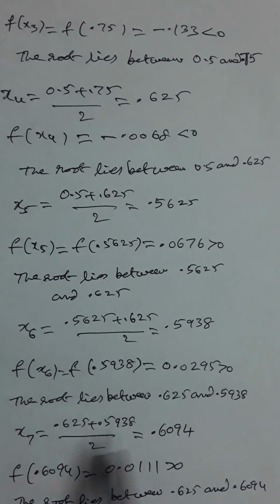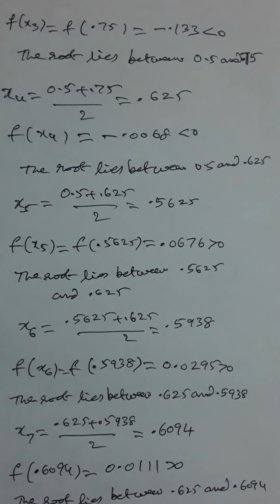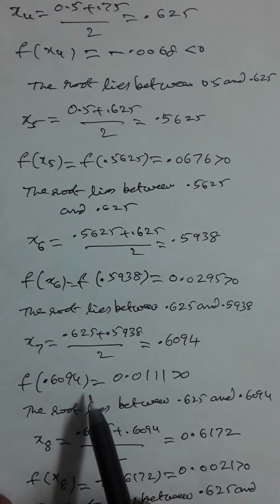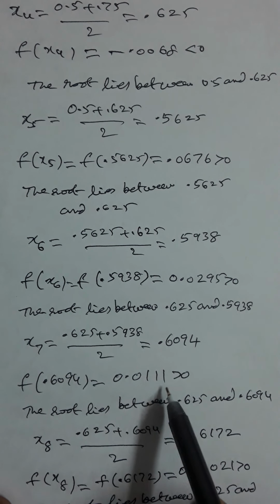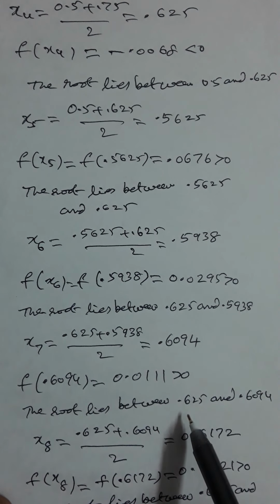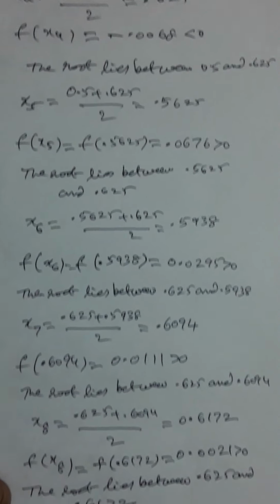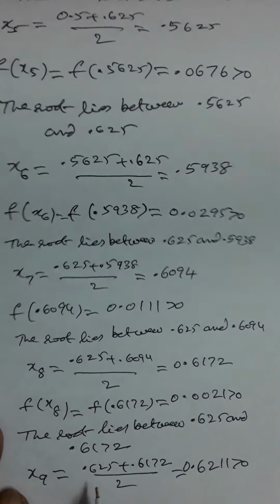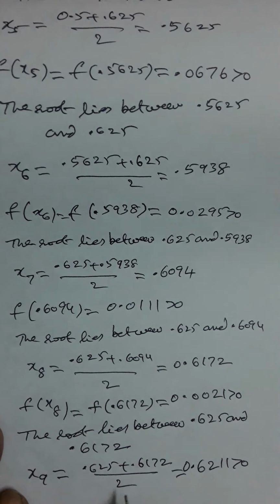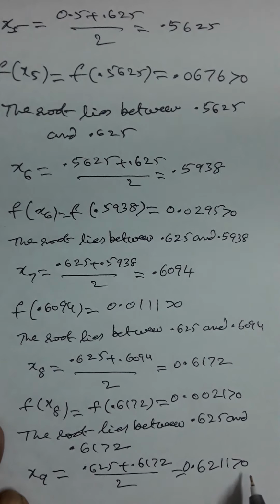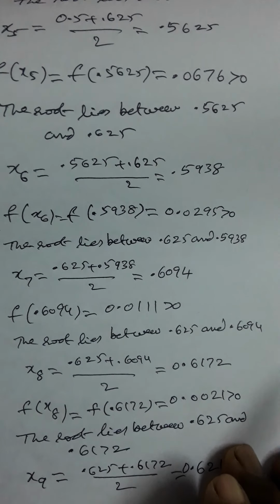So x7 is the average of those two, 0.6094. f of 0.6094 is equal to 0.0111, greater than 0. The root lies between 0.625 and 0.6094. x8, the average of these two. f of x8 is positive, the root lies between 0.625 and 0.6172. x9, 0.625 plus 0.6172 by 2, 0.6211, that is greater than 0.